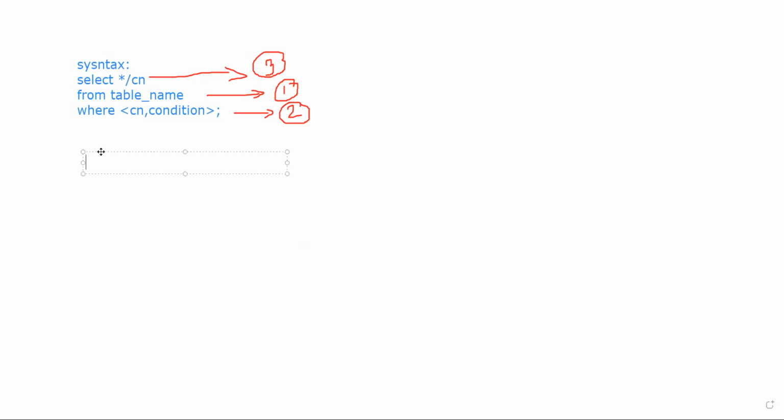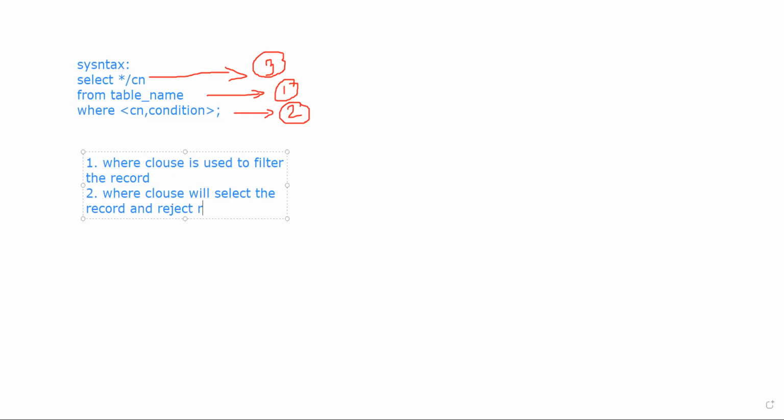One, the where clause is used to filter the records. Two, the where clause will select the record and reject the record.